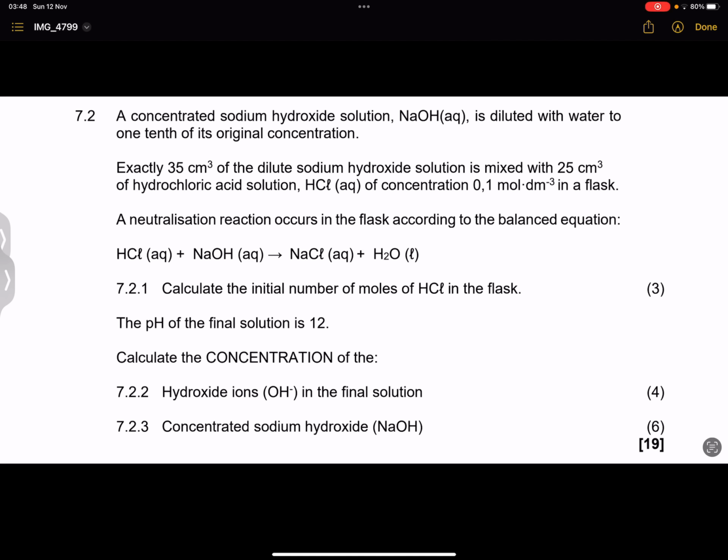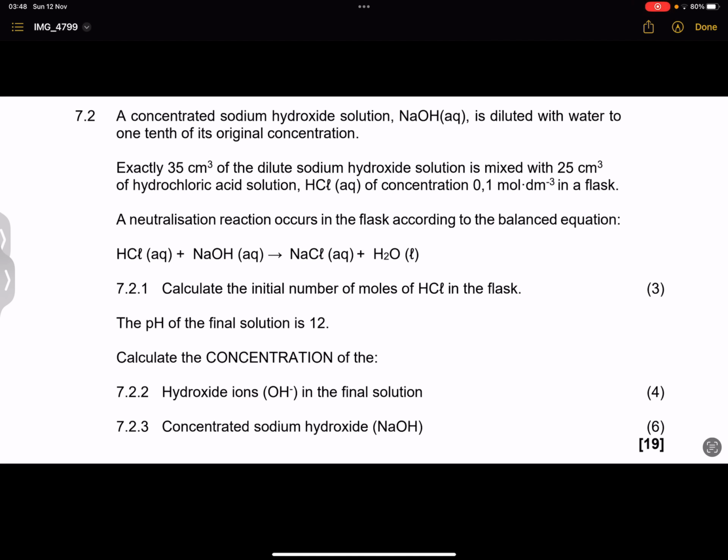Exactly 35 cubic centimeters of the dilute sodium hydroxide solution is mixed with 25 cubic centimeters of hydrochloric acid solution, of concentration 0.1 mole per cubic decimeter.